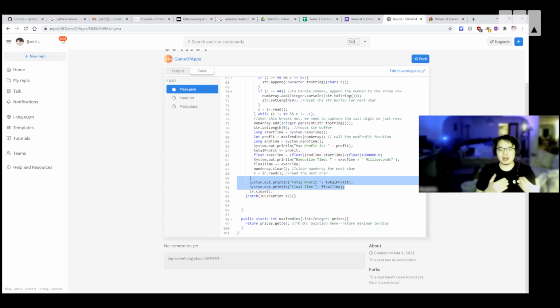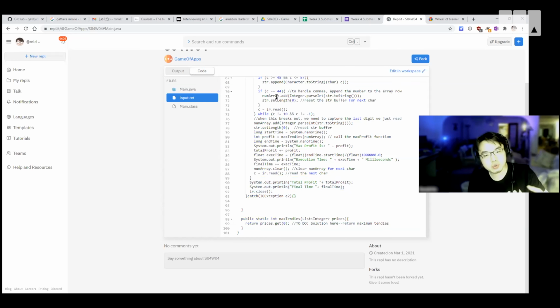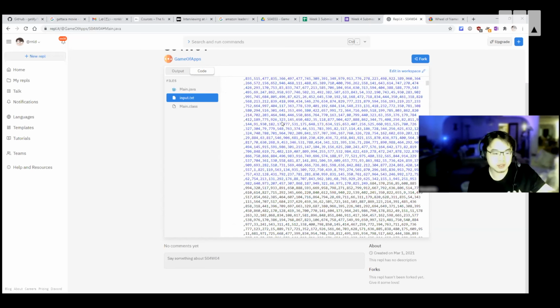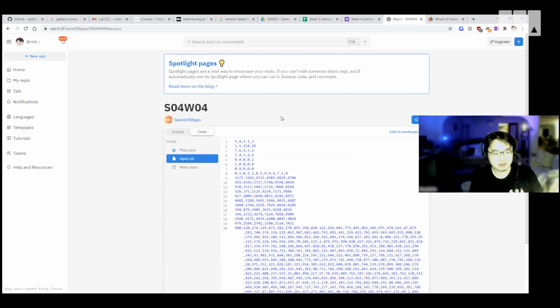In the input class here, there are essentially 20 lines in the input, so you'll have 20 numbers that get added up. Assuming your algorithm works correctly, that should be pretty straightforward. But the time is the one that will give you that extra edge.